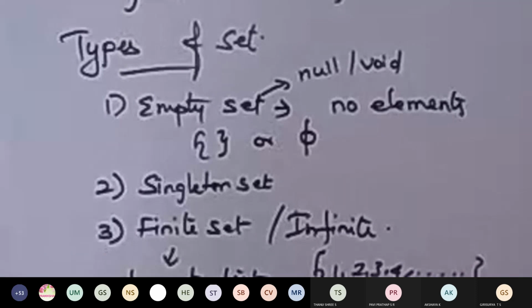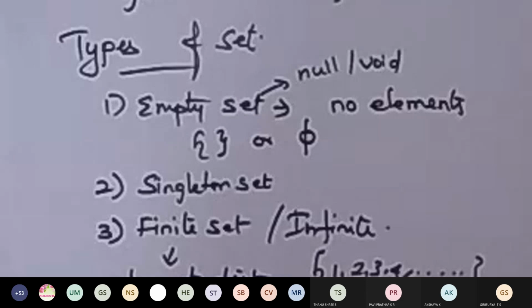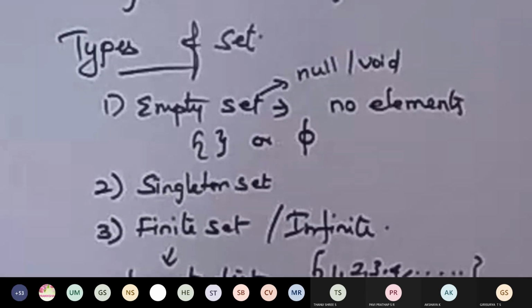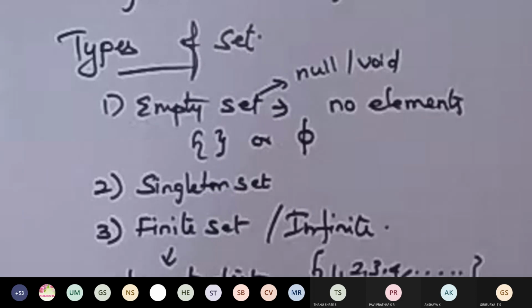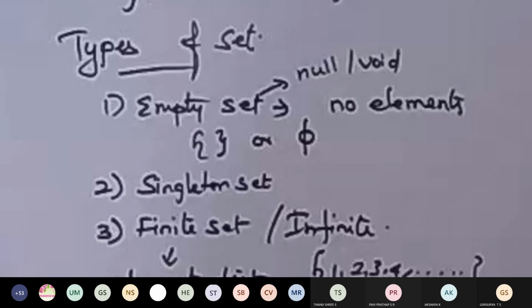Already I told you, right? So 1, 2, 3 elements of A. 3, 1, 2 elements of B. See, 1 is an element of B, 2 is an element of B, and 3 is an element of B. And if you take B's elements, 3 is an element of A, 1 is an element of A, and 2 is an element of A. So all the elements of A should be elements of B, and all the elements of B should be elements of A. Such kind of sets are called equal sets.